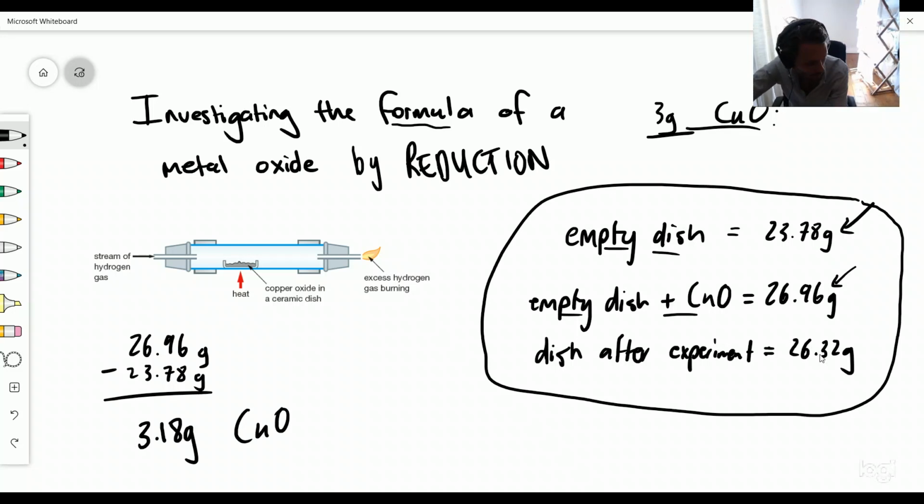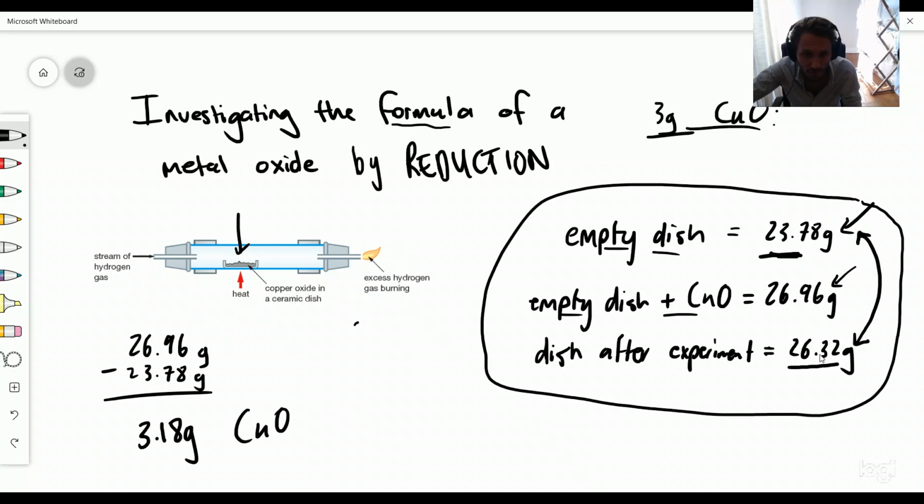But now, what's the copper going to weigh? Well, at the end of the experiment, the mass of this dish is 26.32. And with the initial empty dish, it's just 23.78. So if we subtract these two values from each other, we'll get just the mass of copper.